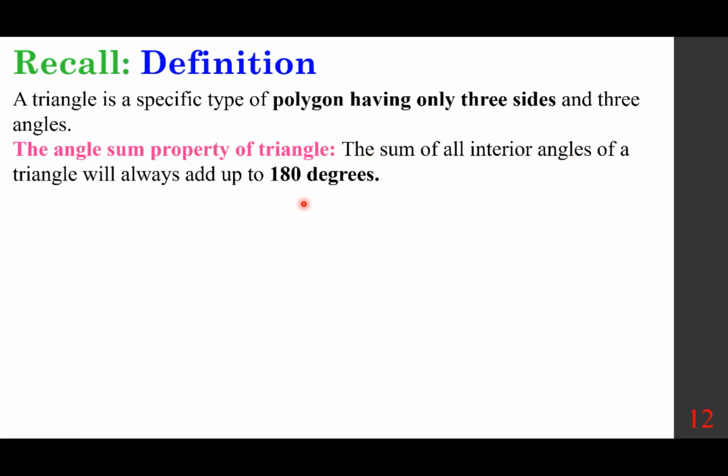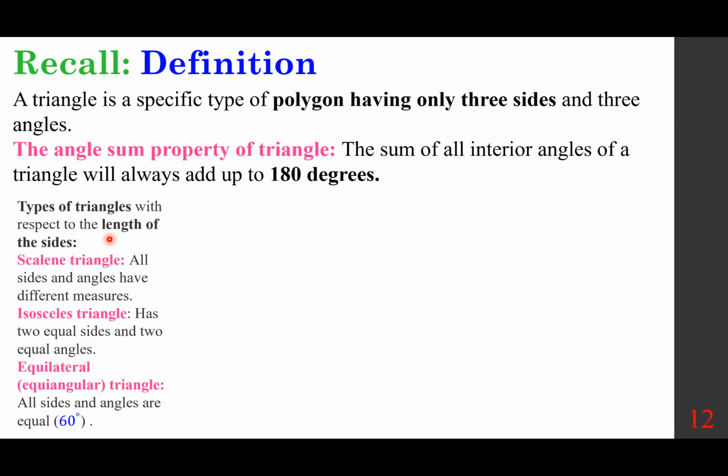A triangle is a specific type of polygon having only 3 sides and 3 angles. The angle sum property of a triangle says that the sum of all interior angles of a triangle will always add up to 180 degrees.